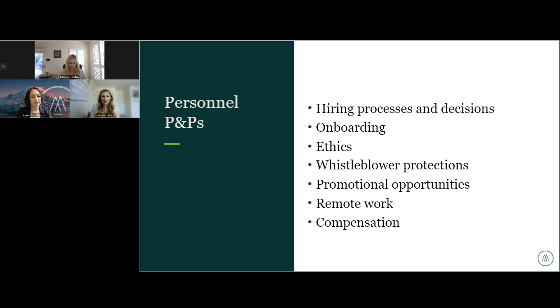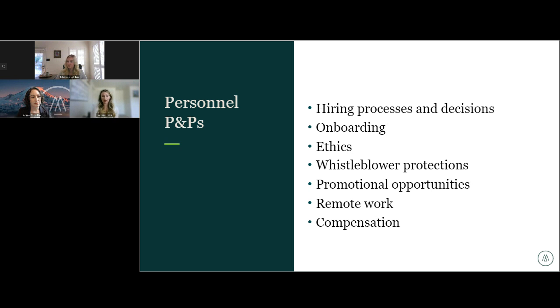And so I want to talk a little bit about each one of these and how policies and procedures can help your organization in these three areas to really show that you're an employer of choice. The first area is the value proposition. So that's thinking about what is the work that we're doing and how are we doing it? How are we supporting and demonstrating our organizational values through commitment to things like sustainability or diversity, equity, and inclusion?